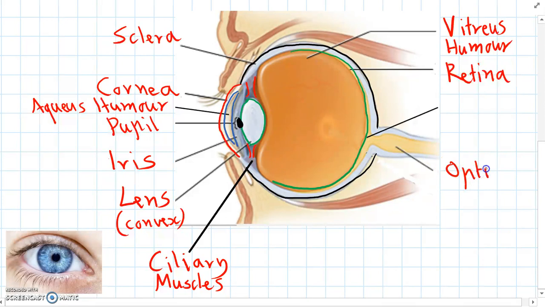And this is called the optic nerve. So nerves always carry information to the brain or away from the brain. And one final thing is there's a small space right where the optic nerve joins, and this is called the optic disc.